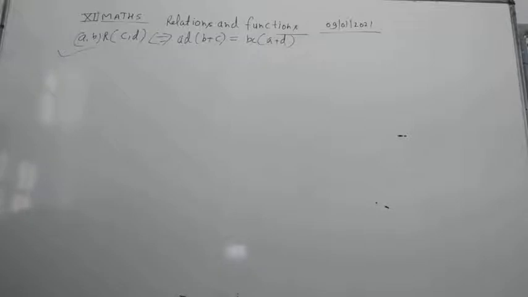Okay, student, so you know that if a relation is an equivalence relation, then it is reflexive, symmetric and transitive. If it satisfies all these three properties, then we can say that our relation is an equivalence relation.